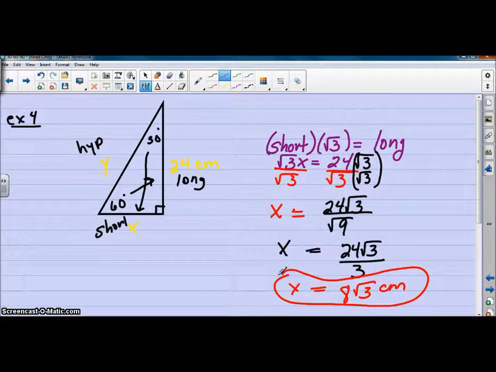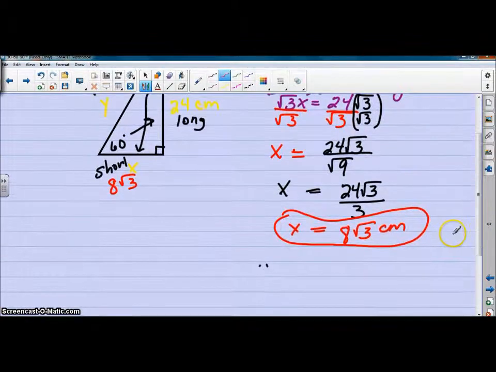This is my short leg. That's going right here, 8 square root of 3. Now what I need to do is find my hypotenuse using my short leg. My hypotenuse is 2 times my short leg. So I'm going to take my short leg and times it by 2, and I'll get my hypotenuse.